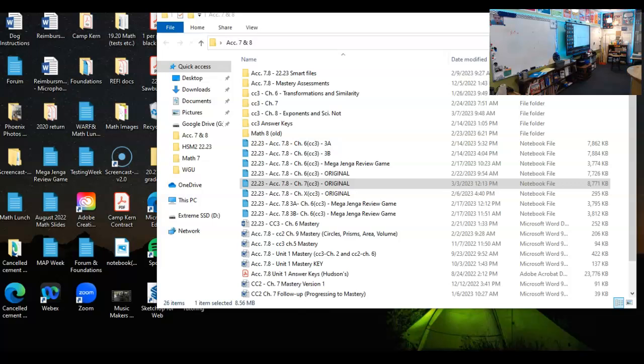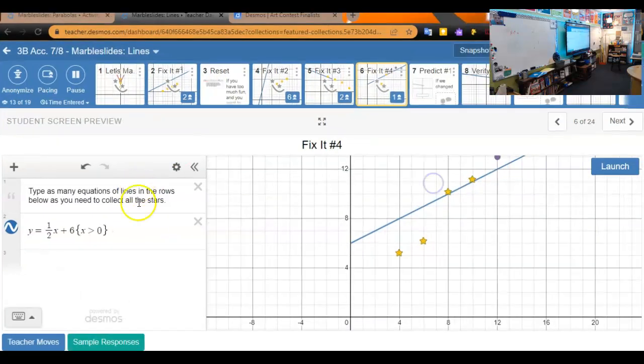In Student, that's what I want to click on. In certain of these slides, you'll see this at the end of it. That is what we call a domain restriction.